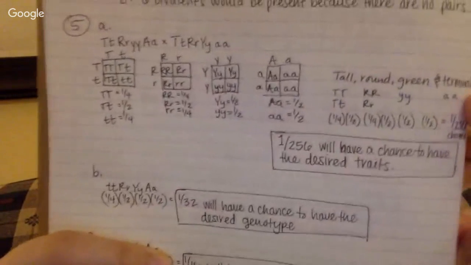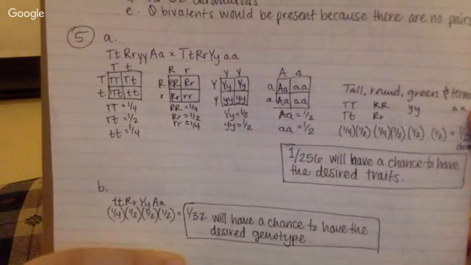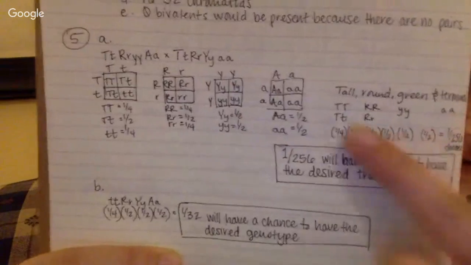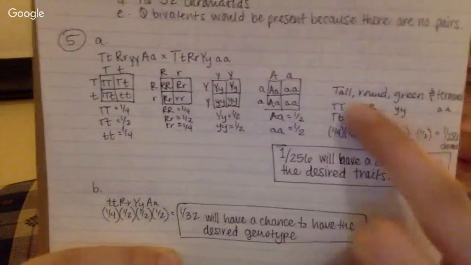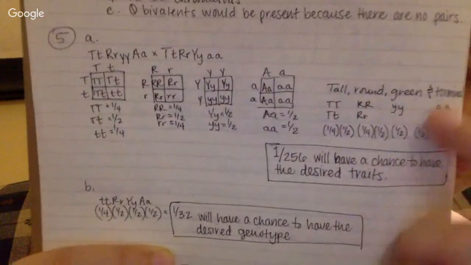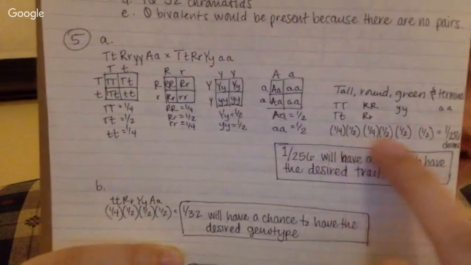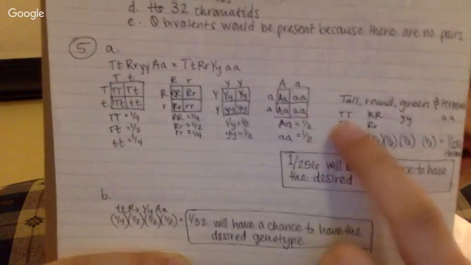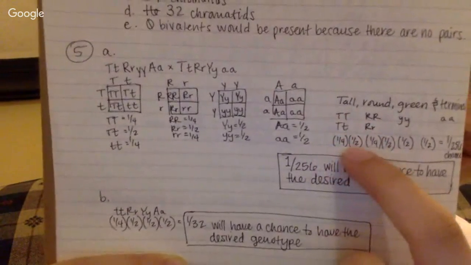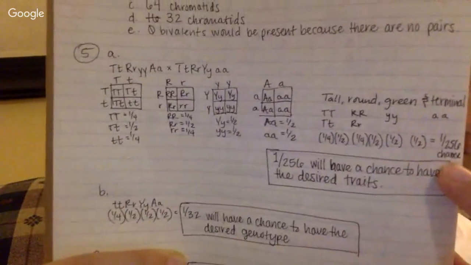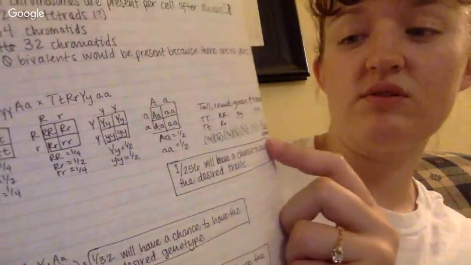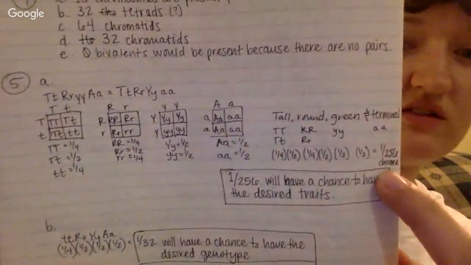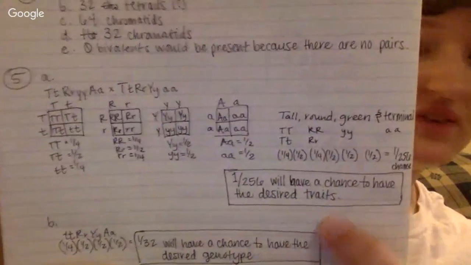So that's what the work is right here. I just wrote down the question and then went through and wrote all the possible ways that this could be. And so then I just took the math and multiplied it. And since there's 2 options, I put both probabilities, and thus giving us a 1 in 256 chance that this would occur, as I wrote down here.